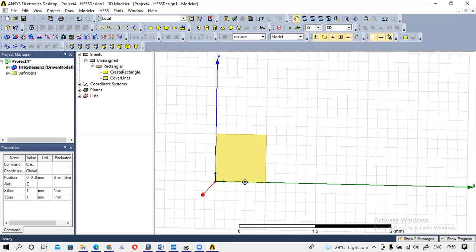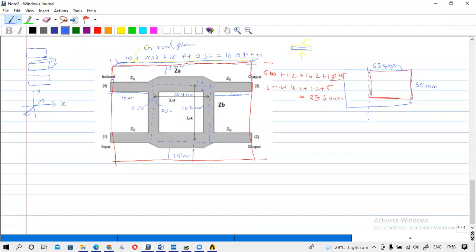So what values do we need here? I will start like this. This is my y-axis, sorry, this will be my y-axis and this will be my x-axis.